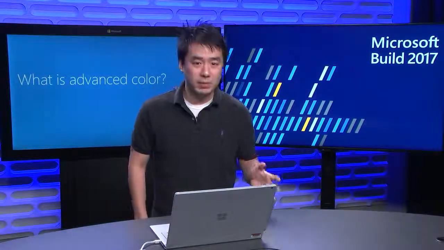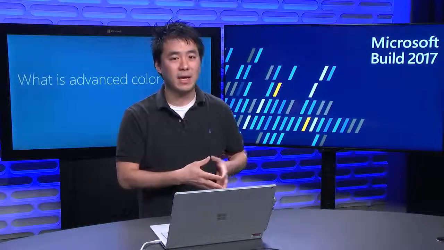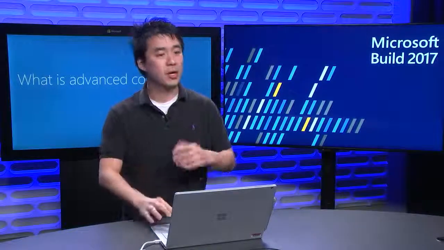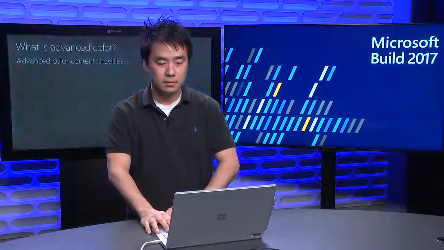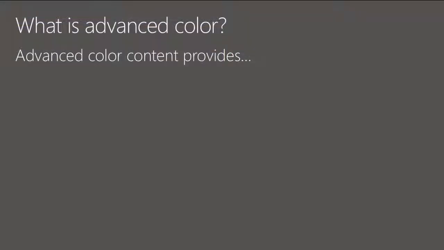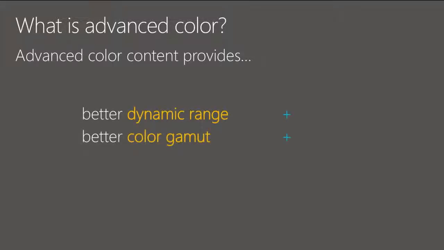So some of you may already be familiar with terms like 4K, UHD, and HDR, but you probably have never heard of advanced color. What am I talking about? Advanced color is a term that we use to describe a new kind of visual content, and it has one of three major improvements to visual fidelity: better dynamic range, better color gamut, and better precision.